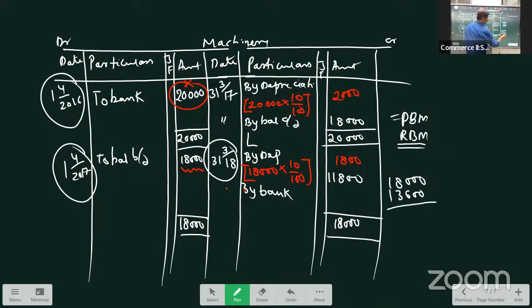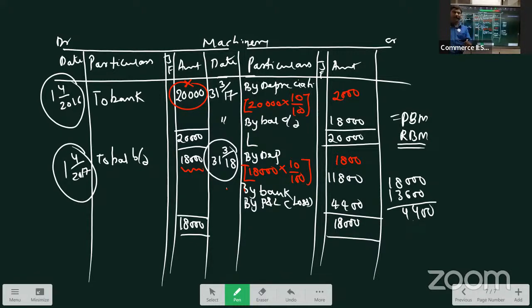You deduct, 18,000 minus 13,600 is 4,400. What do we call that balance? We will transfer it to the profit and loss account as loss on sale of the asset.